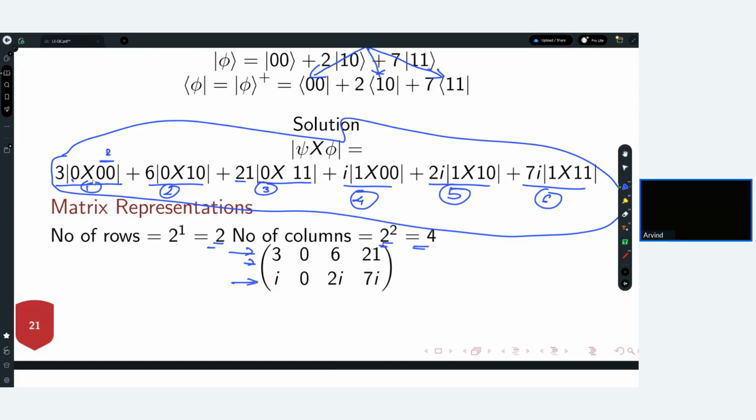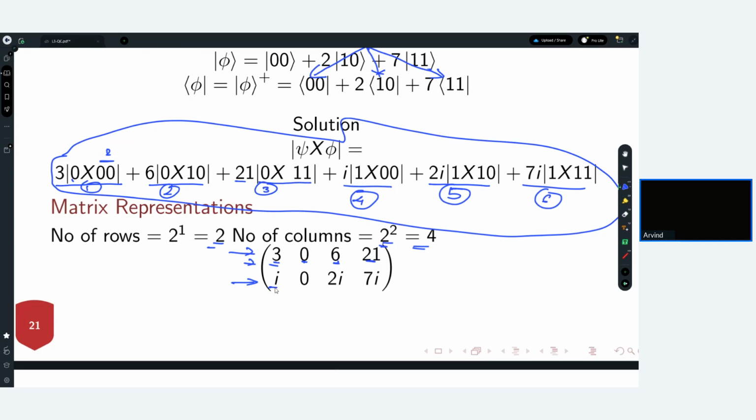So 3 is the coefficient of the element, which will be present in the resultant matrix at the 0th row and 0th column, because there is no term in the 0th row and first column, 0 is written. 6 is present at the 0th row and third column, or the second if we count from 0, and 21 is present at the 0th row and third column.